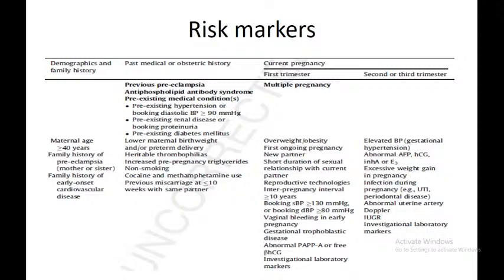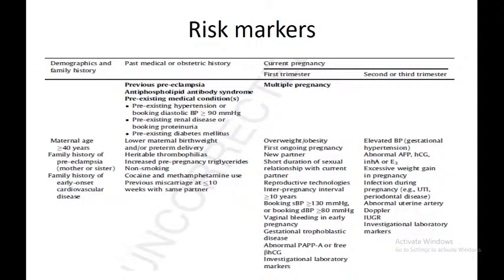And in the current pregnancy, in women who have multiple pregnancies, the development of preeclampsia tends to be a bit high. And if the mother is overweight or obese herself, and if it is a first pregnancy, the likelihood of developing this condition is high.